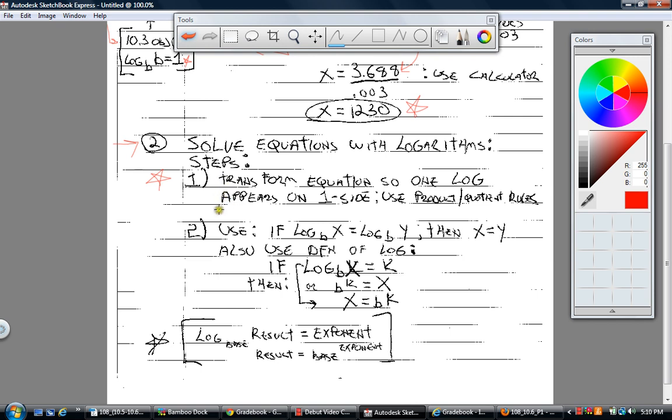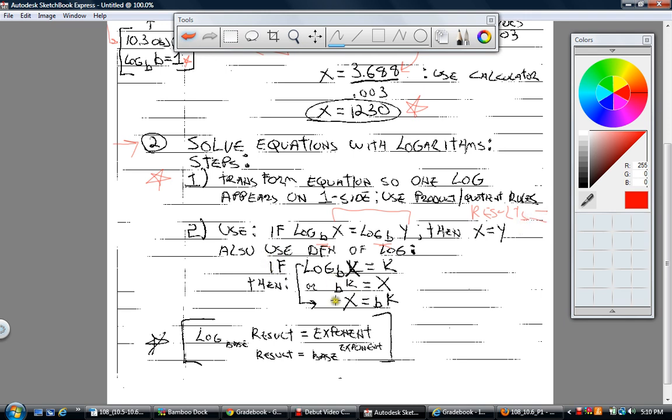You're going to isolate a log on one side of the equation, and then take advantage of the fact that whenever you've got logs with the same bases equal, you set the results equal. I use those words over and over again so you remember.